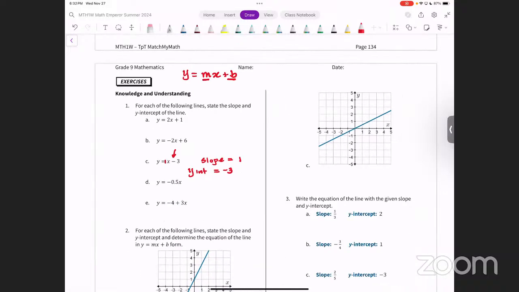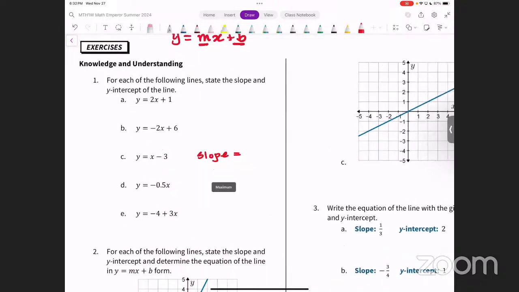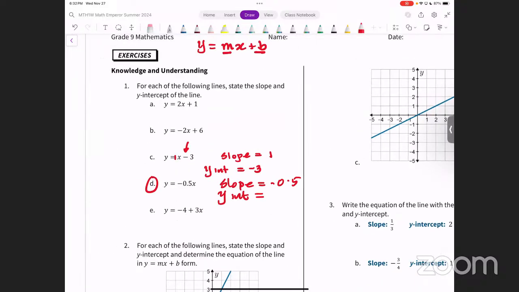All right. Going back, Akshara, you do D again. What is the slope? Slope is negative 0.5. What is the y-intercept? 1. How come? Where did you see one? I didn't see x.